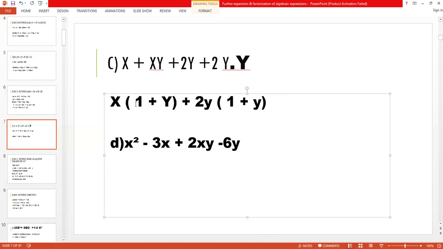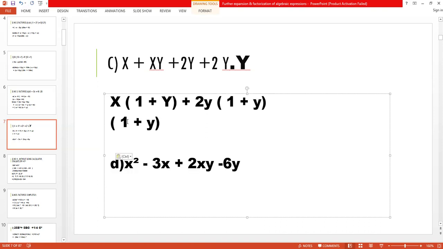Okay. Look here. In the first term, the bracket has 1 plus y. In the second term, again the bracket has 1 plus y. So we have this bracket. We have to take this bracket as a common factor.